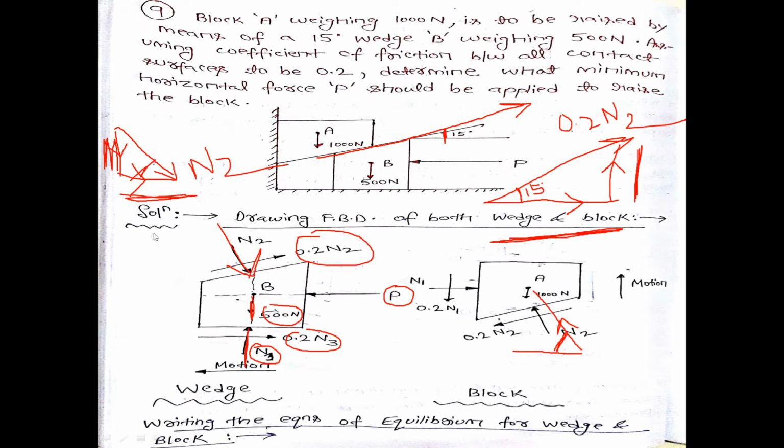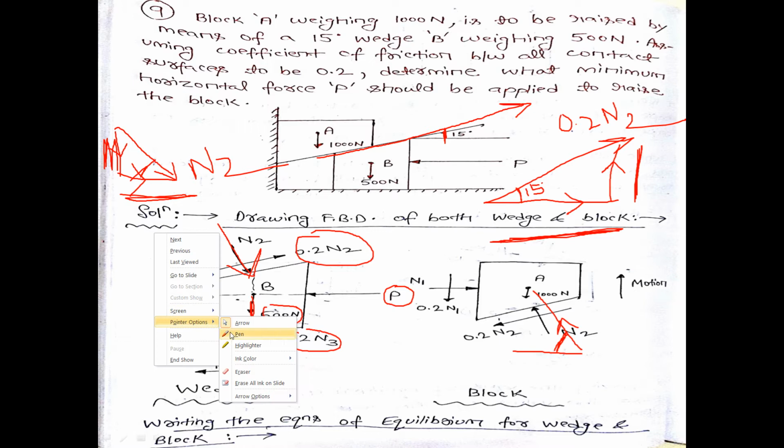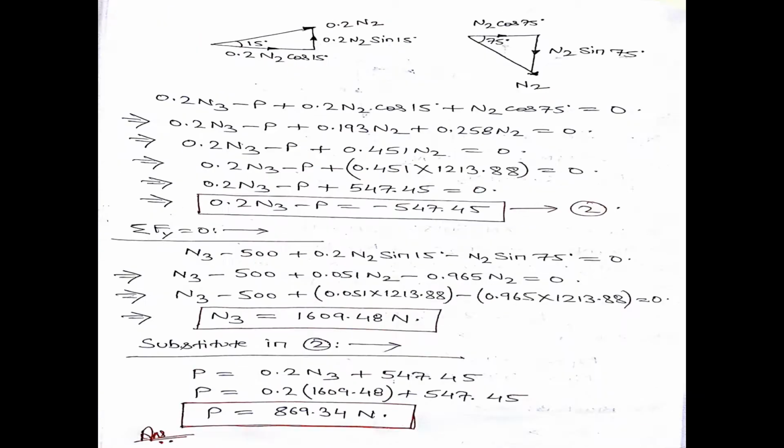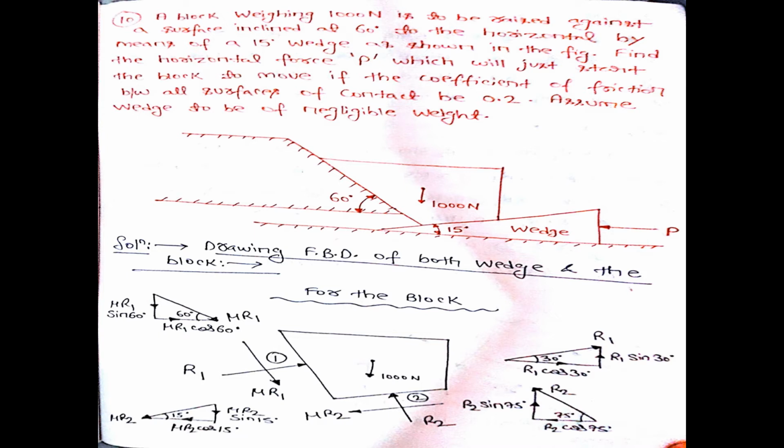Let us solve one more problem in order to gain the confidence. Let us solve one more problem related to this wedge friction, and this will be the last problem of this particular module. So read the problem. A block weighing 1000 Newton is to be raised against a surface inclined at 60 degree to the horizontal by means of a 15-degree wedge as shown in the figure.